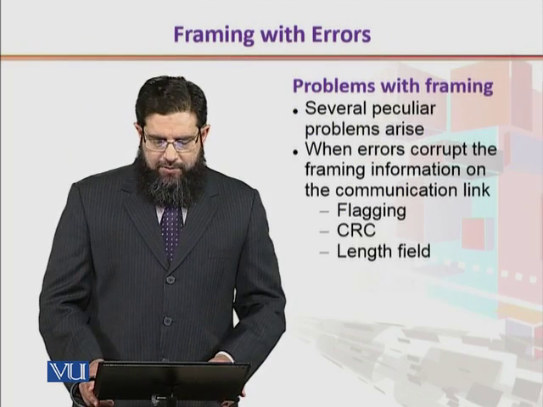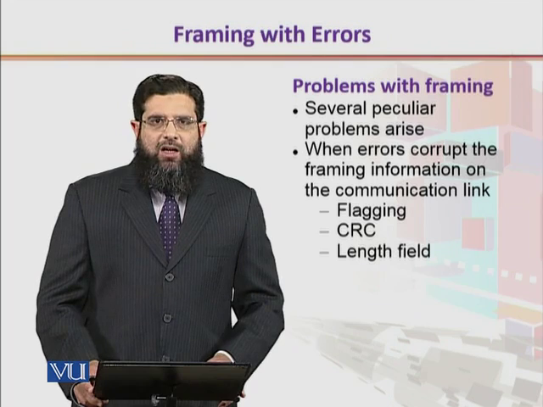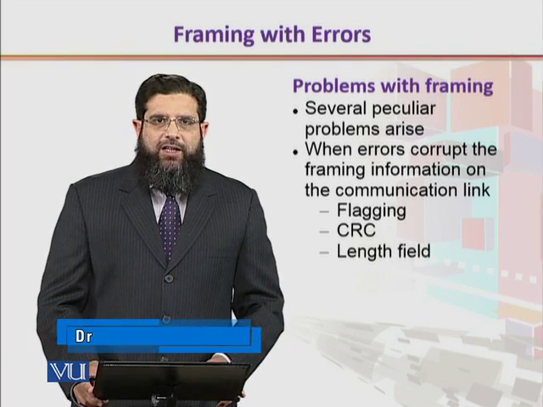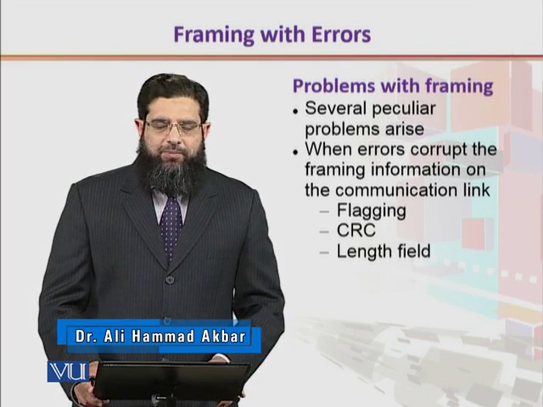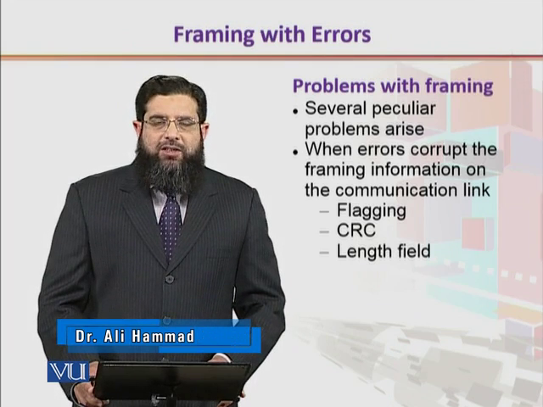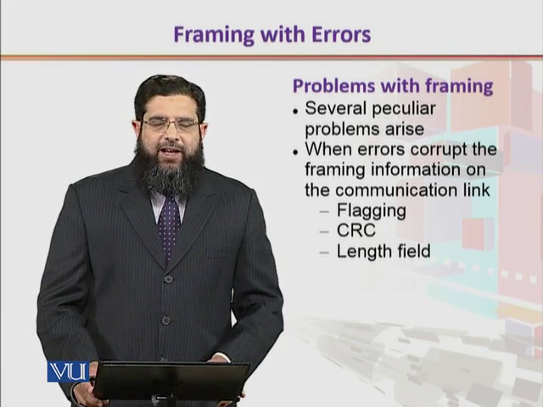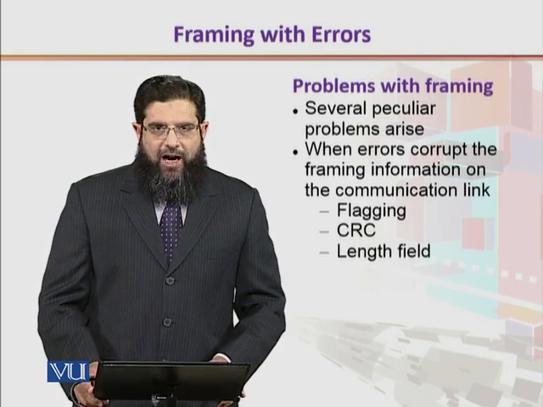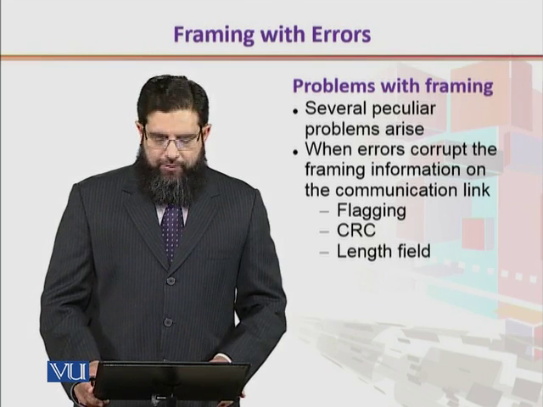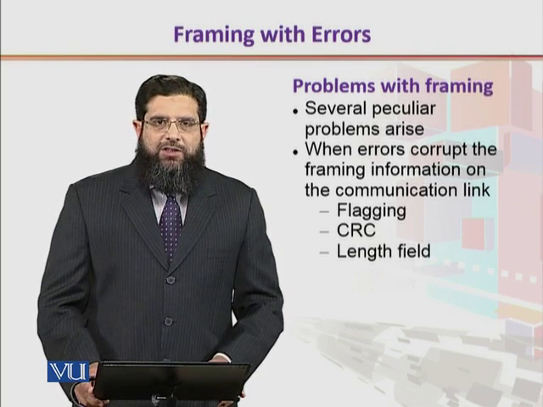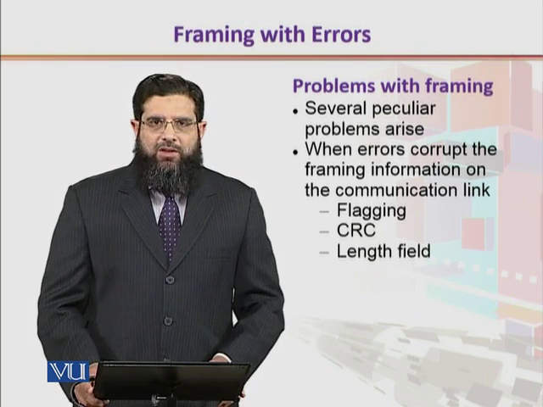The typical problem that arises with framing is that the errors are going to affect one or all parts of the frame. When errors corrupt the frames, the information that gets directly influenced could be either the flag bits, which mark the start and end of the frame, the cyclic redundancy check as the error detection mechanism, or the length field.